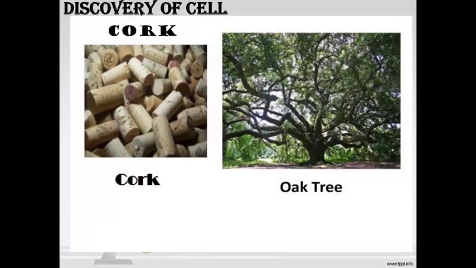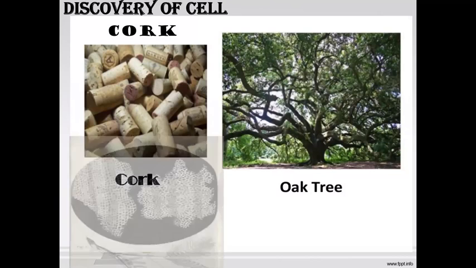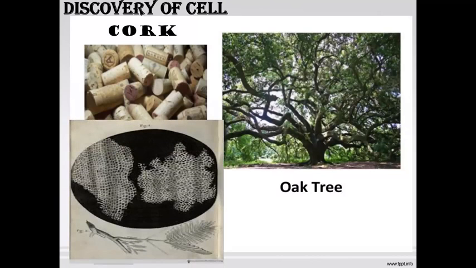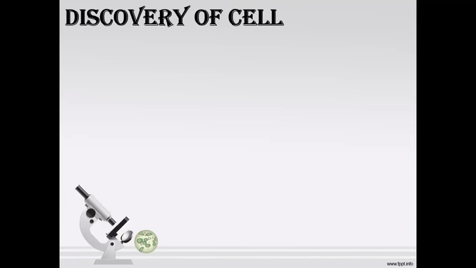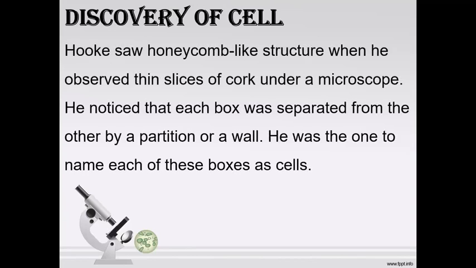During his observation, while examining a dried section of cork, which is a part of the bark of an oak tree, under his microscope, he noticed partition boxes or compartments in the cork slice. These boxes or compartments looked like a honeycomb. He also noticed that these boxes were separated from the other by a wall or partition.